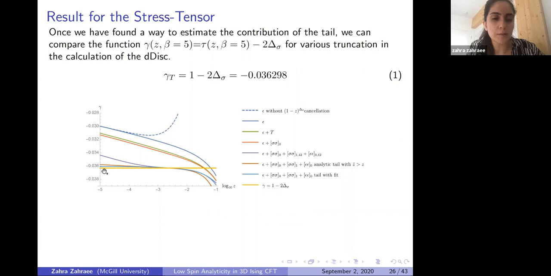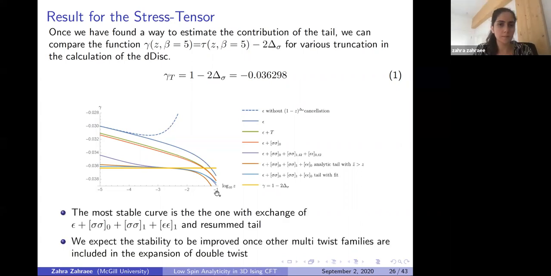You would also get a curve which looks more like a plateau, more like a constant function. So both the shape and the value are improving once you include more operators. And we see that the best curve we have is from the one with the tail resummed. Yes, that's all I want to say.